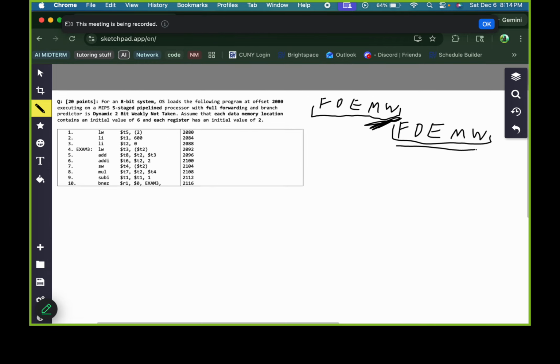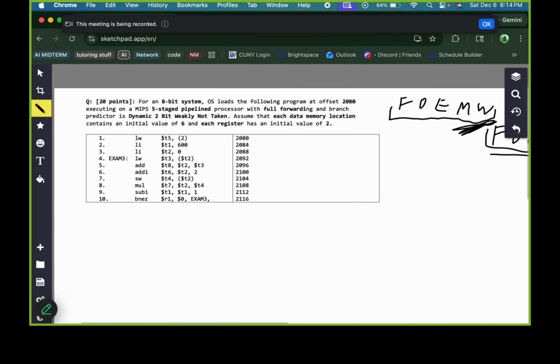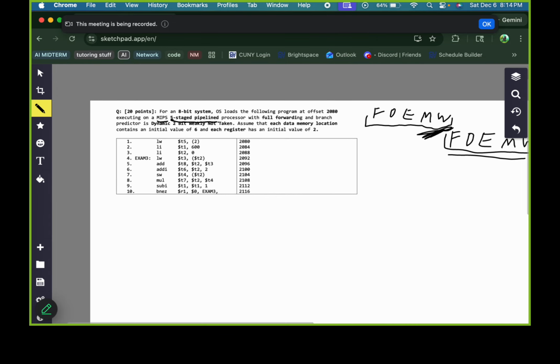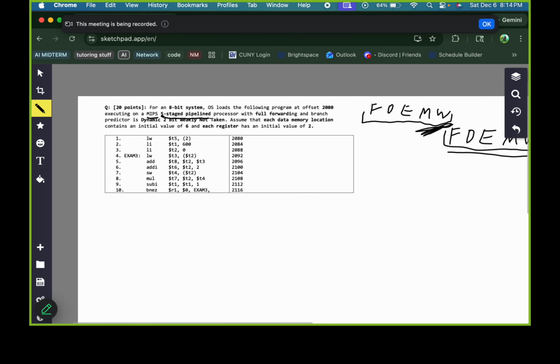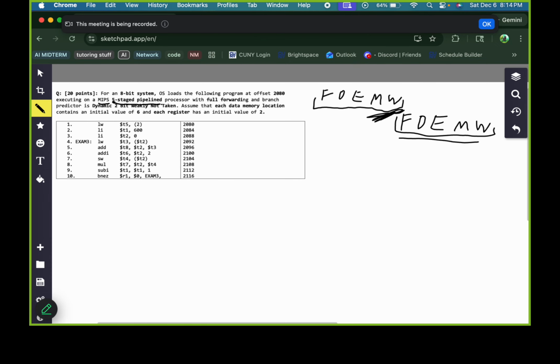Now we found MIPS, right? MIPS has a 5-staged pipelined processor. So there are two types of pipelines. There's MIPS and non-MIPS. So MIPS allows us to have these 5 stages, which we'll go into, is a way that we can prevent certain hazards from arriving.